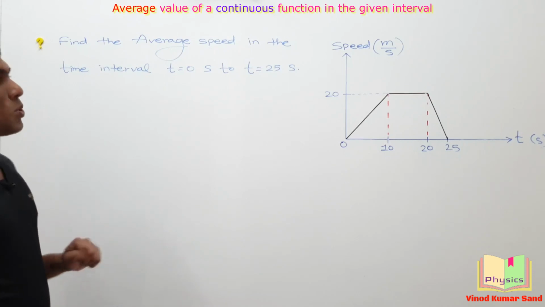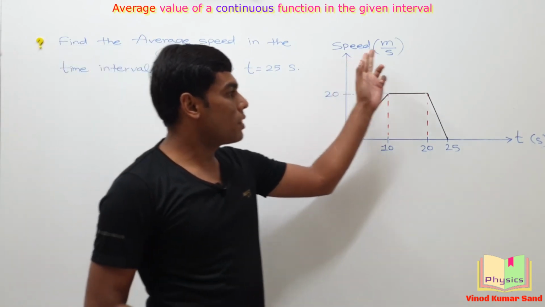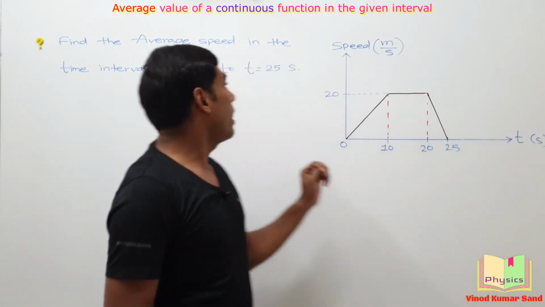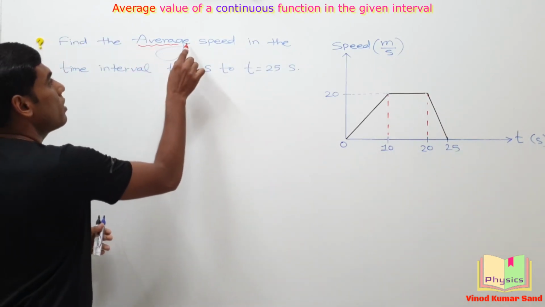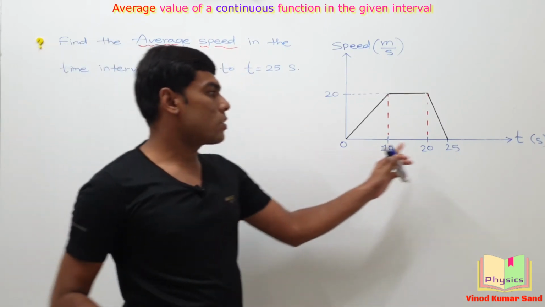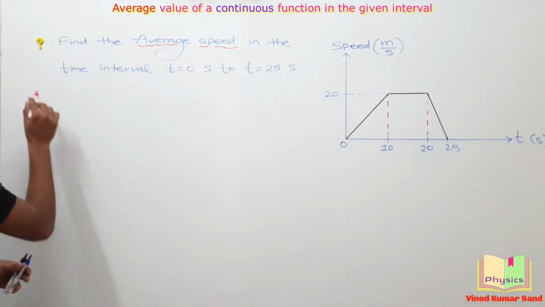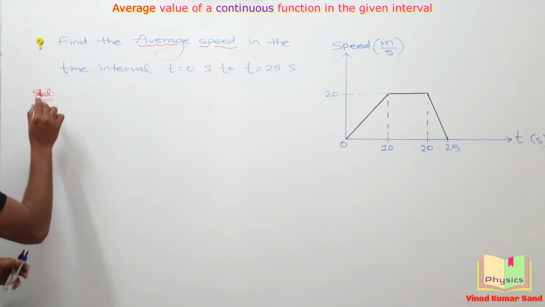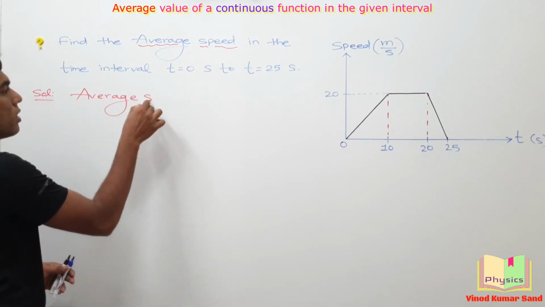Here is the last question of this video. There is a curve given between the speed and time, and we have to find the average speed in the time interval t is equal to 0 second to t is equal to 25 second. Okay, I'm simplifying the things here. You people might remember the formula of the average speed.